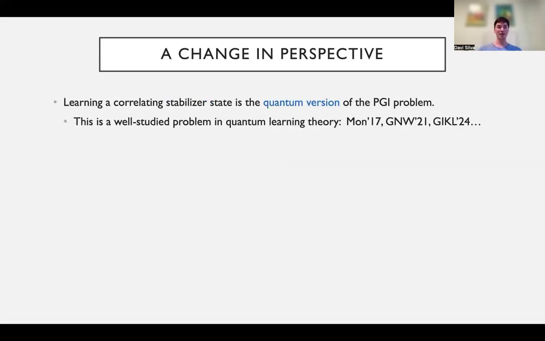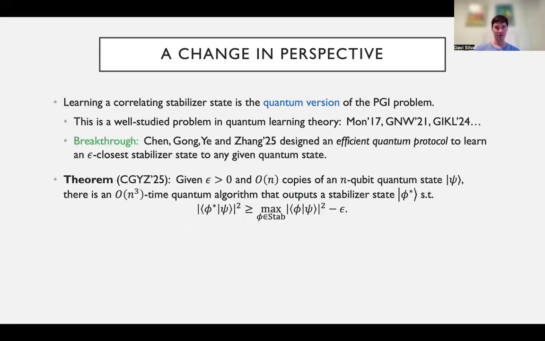But the interesting thing here is that learning a correlating stabilizer state is a very well-studied problem in quantum learning theory, going back at least as far as work by Montanaro in 2017, but probably further. And recently there has been a breakthrough by Shen, Gongye, and Zhang, who designed an efficient quantum protocol to learn an epsilon closest stabilizer state to any given quantum state.